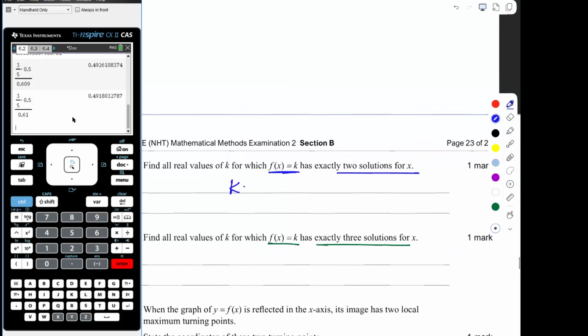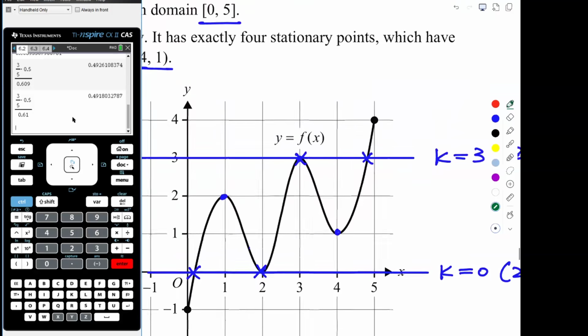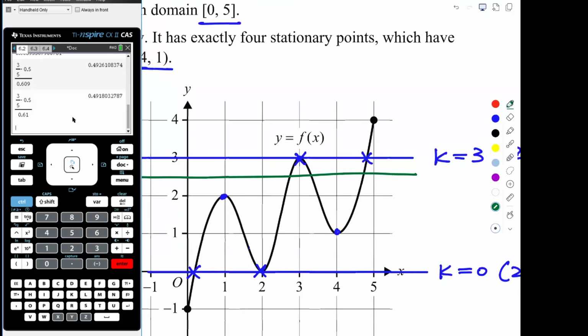If you want exactly 3 solutions, the horizontal line should strike through the curve 3 times. As long as this line is lower than 3, but you can't really get this thing larger than or equal to 2, otherwise you strike through the curve 4 times, okay?